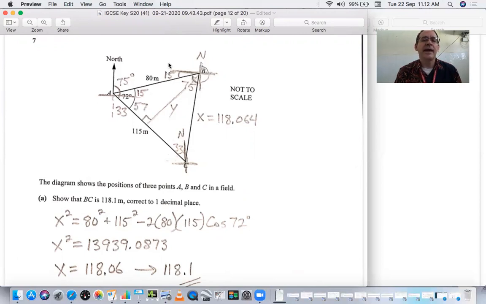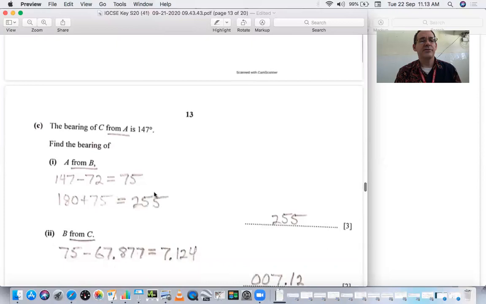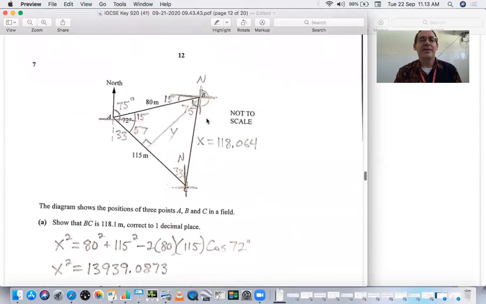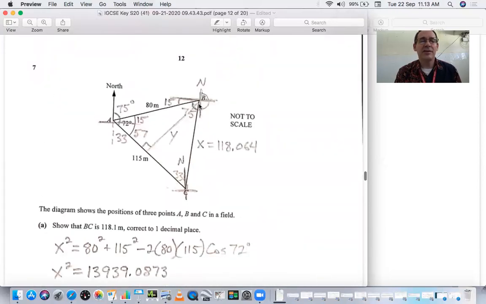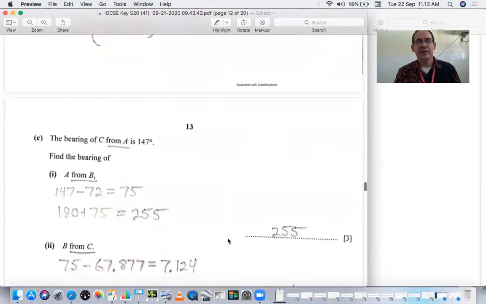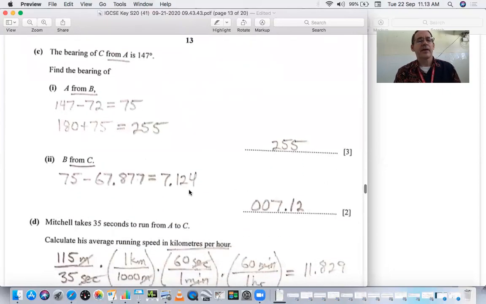It's this and this. So alternate interior angles are equal. That gives you the 75. And that 75 goes all the way to the south part here. It doesn't stop at this dark line. It goes all the way to the south because of this alternate interior angle from north to line, from line to south. And then 180, from north all the way around, plus the 75 gives us the 255.